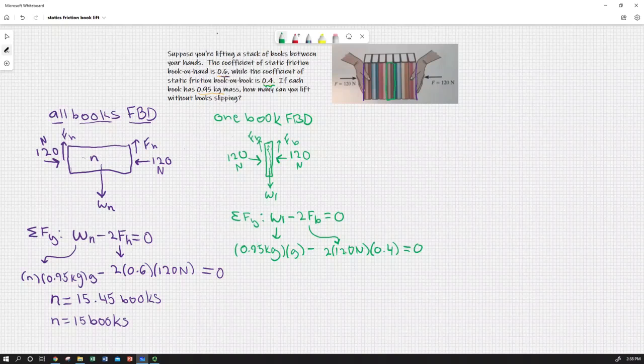Okay, well, one book. Didn't really get any information out of that. We could make sure it equals 0. Or rather, we didn't get any information about how many books we could hold up because we chose one book.